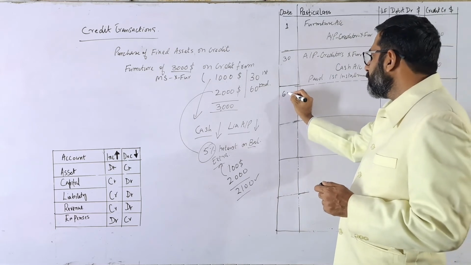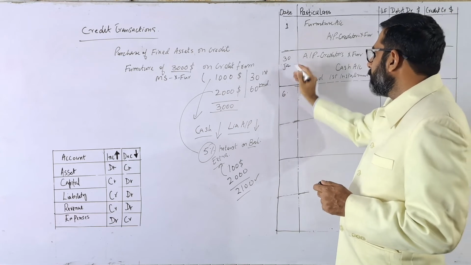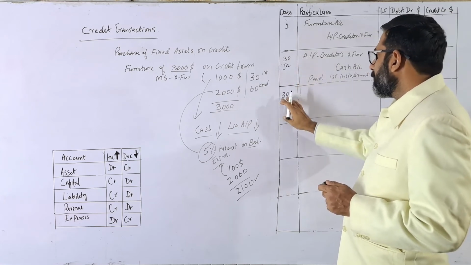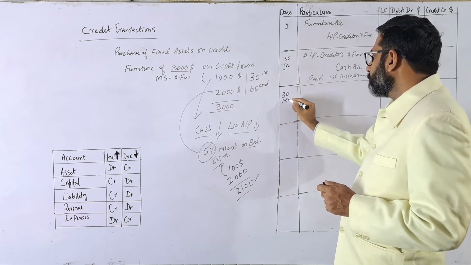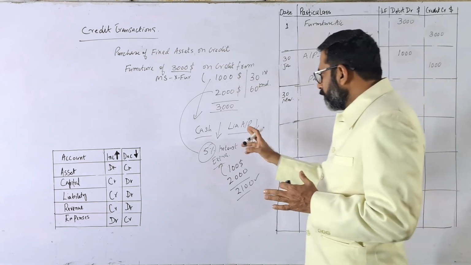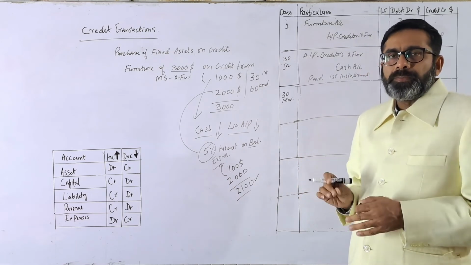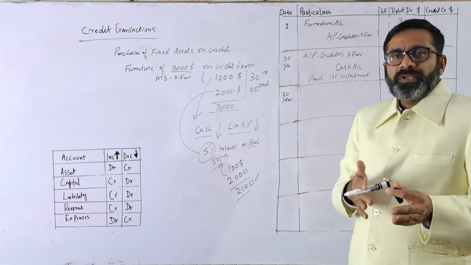After 60 days, for example from 30th January to 30th March, you have to pay the remaining amount of $2,000, but that will not be only the principal amount; you have to pay something extra because you are paying after 60 days.